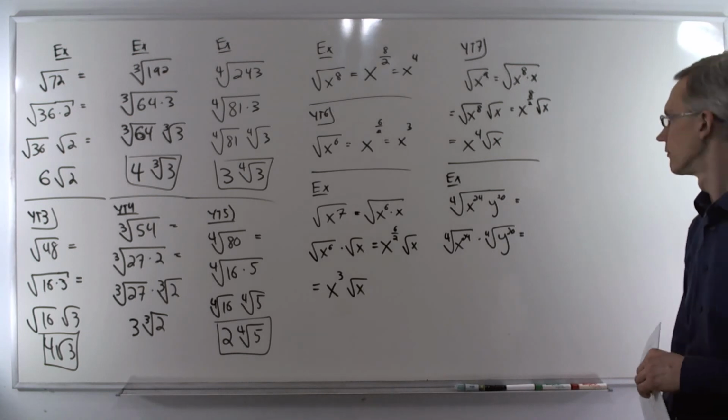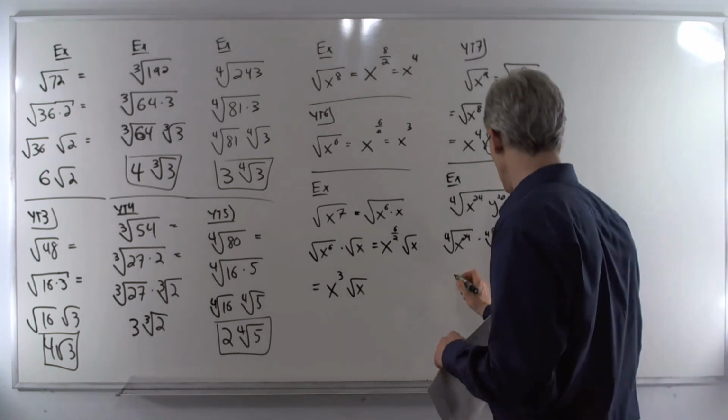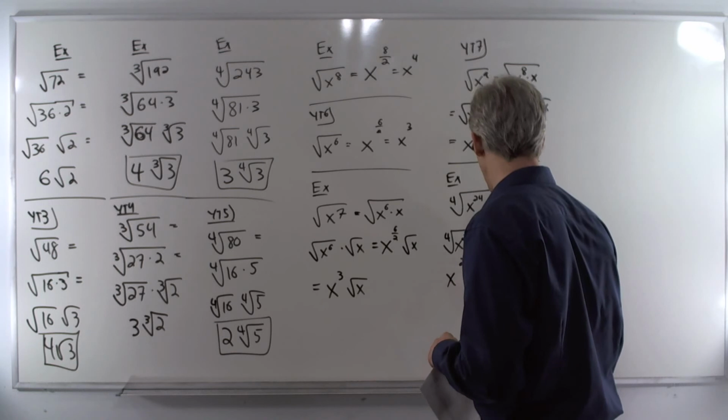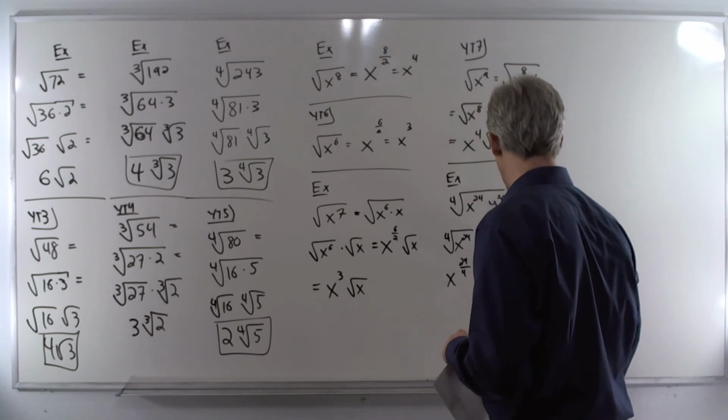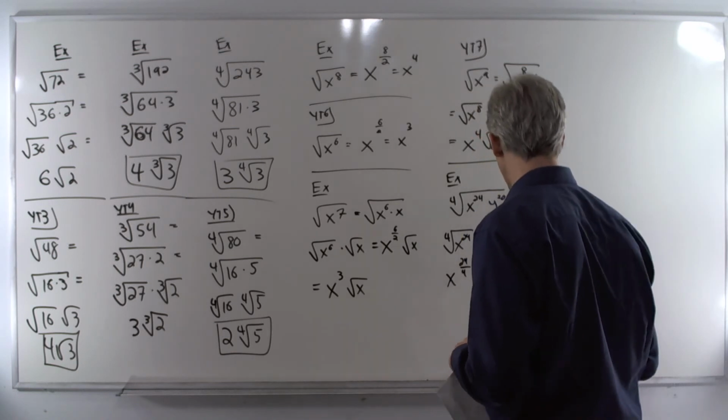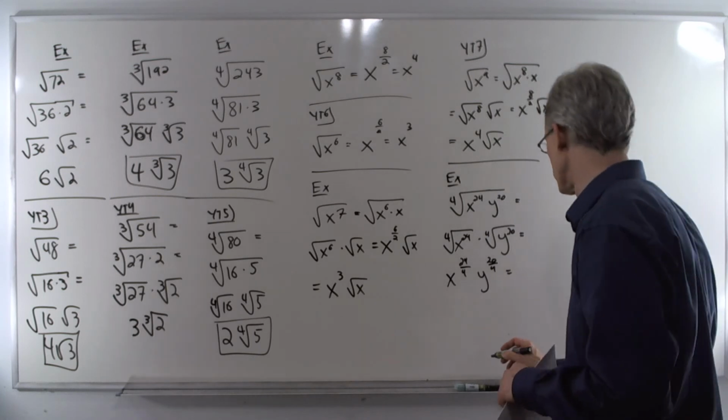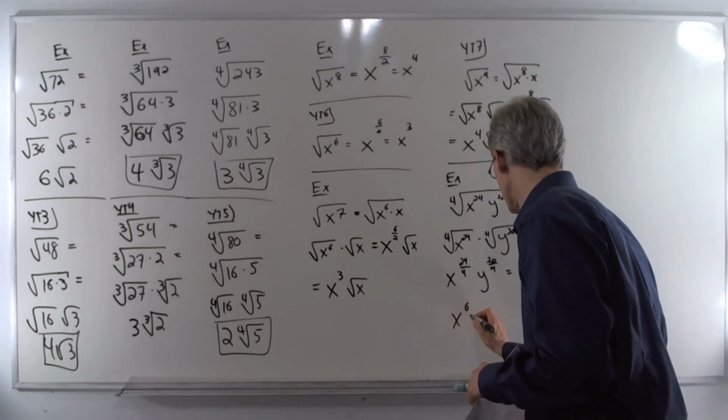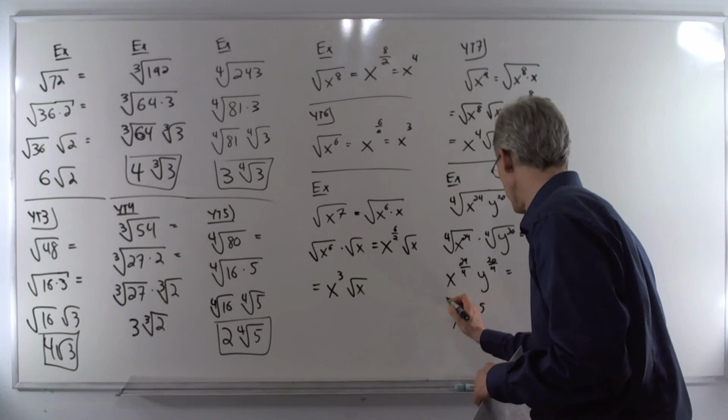Now we can convert to rational exponent, so that is x to the 24 over 4 times y to the 20 over 4. And that equals x to the 6th, y to the 5th.